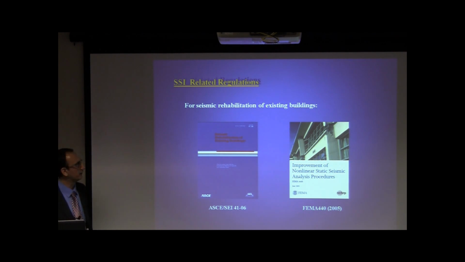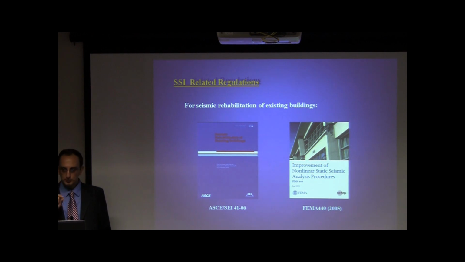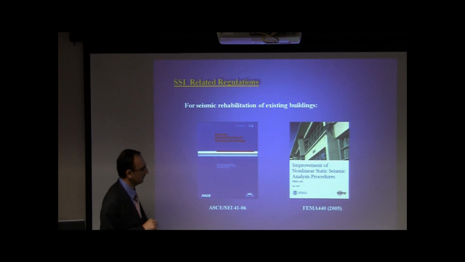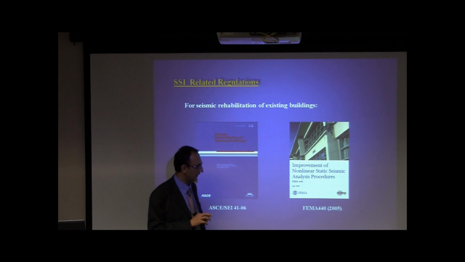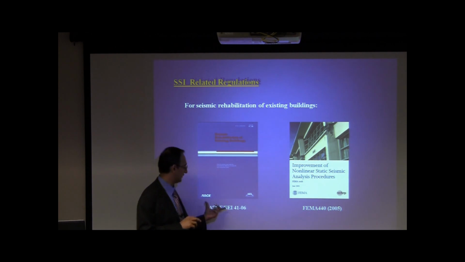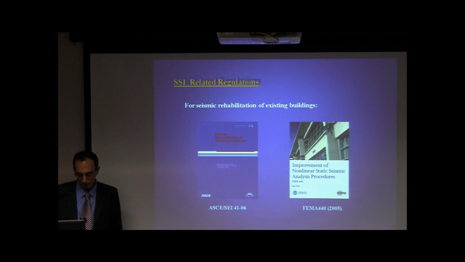Of course, when you go to the rehabilitation of existing buildings, you have to go to more details, use the capacity of the structures, and estimate the response and capacity as precisely as possible. So they added the soil structure interaction, and finally, later it became the basis of ASCE 41 as a standard in this field.